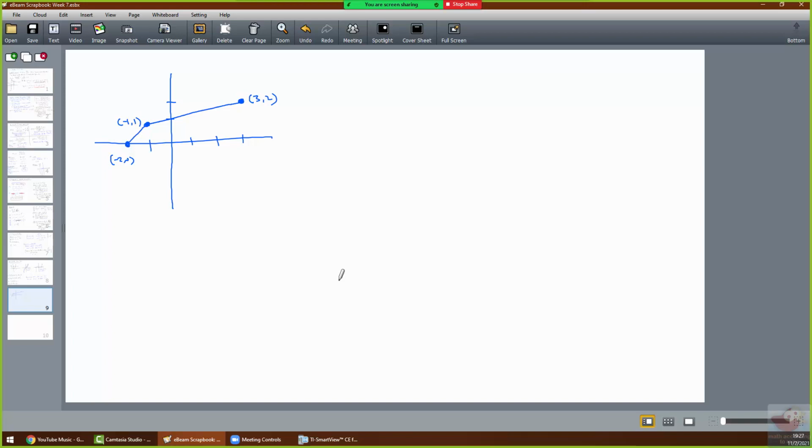So -2, 0, -1, 1, 3, 2. And I'm just going to call that f. We're going to graph the inverse. This is just like the previous example where all you do is permute the coordinates. So if the original function takes -2 to 0, the inverse takes 0 to -2.